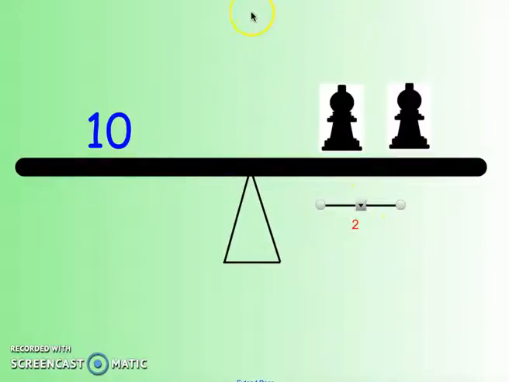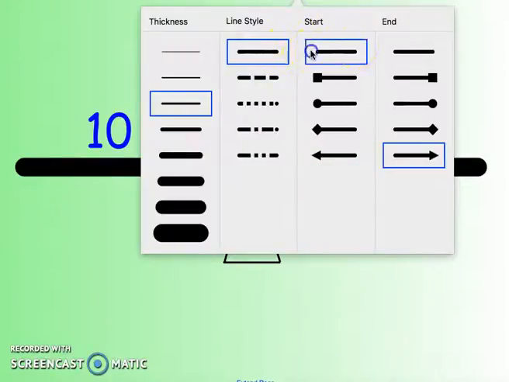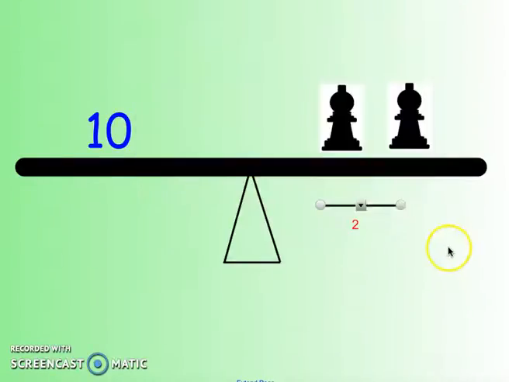This line represents divided by 2. On this side, I would also divide by 2 to keep it balanced. Whatever I do on one side, I'm going to do on the other side. 10 divided by 2 is 5. And so each pawn is 5.